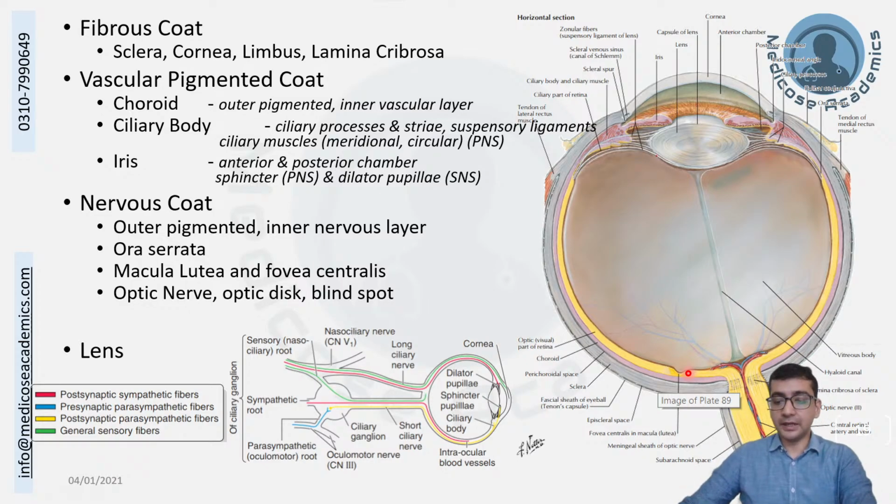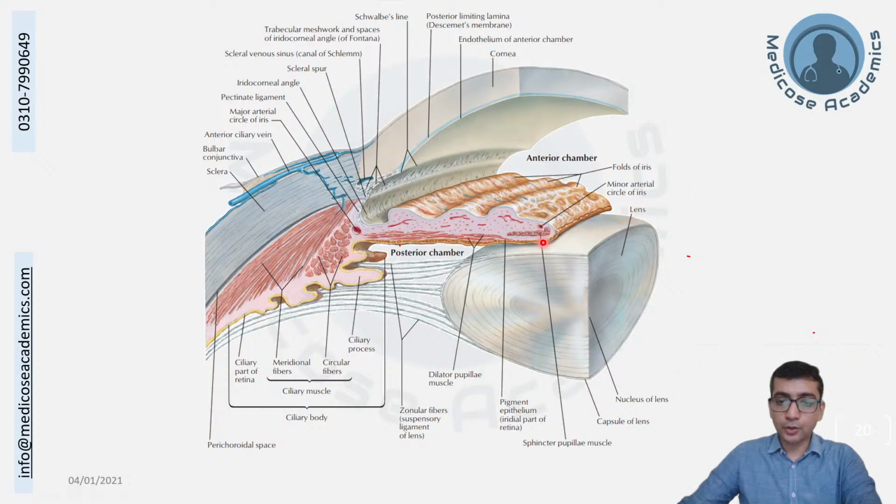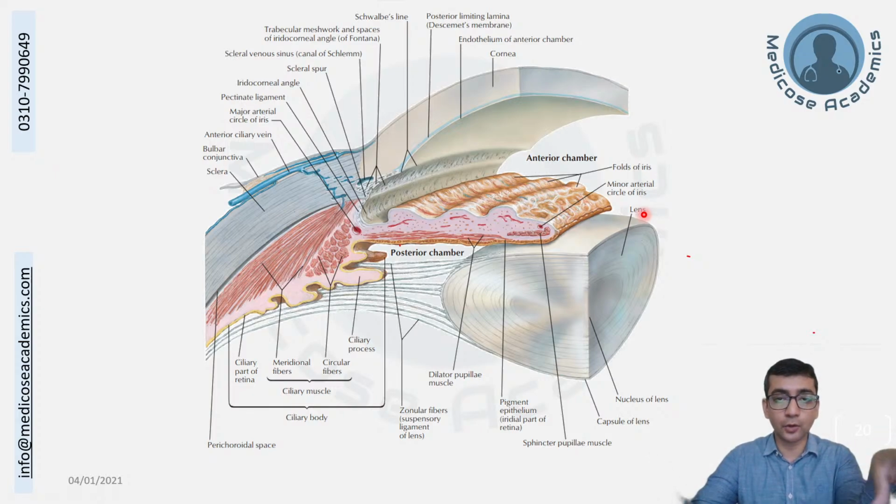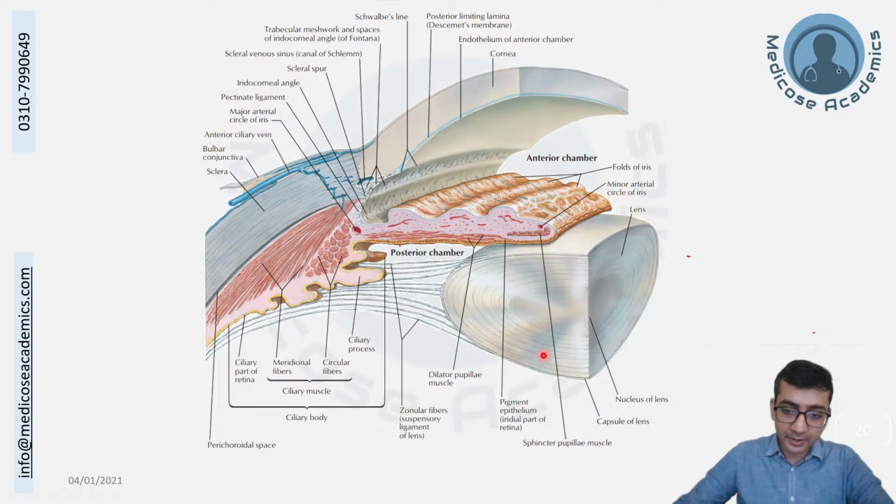Then we are left with the lens. The lens consists of layers of connective tissue fibers, mostly elastic. It has a capsule around it. On the anterior aspect, there is a simple layer of cuboidal epithelium, and this is the layer that, as it duplicates, goes to the periphery, and the cells elongate and flatten, and they become the part of these fibers, flattened fibers that enclose the whole of the lens.